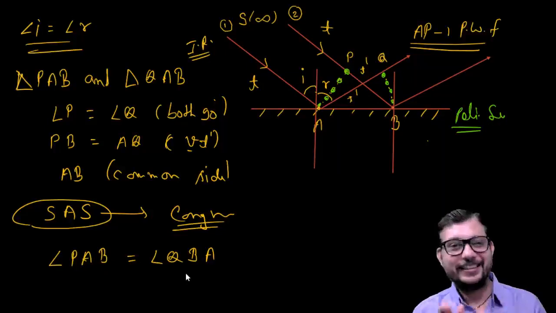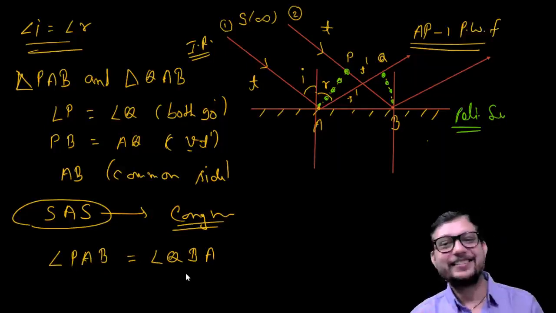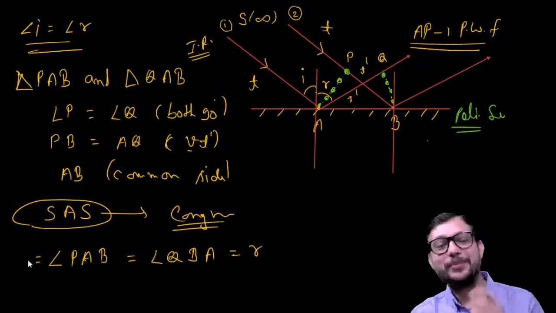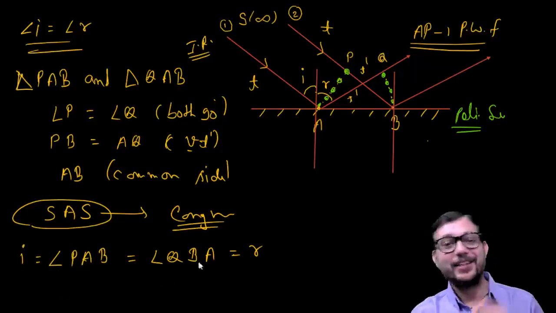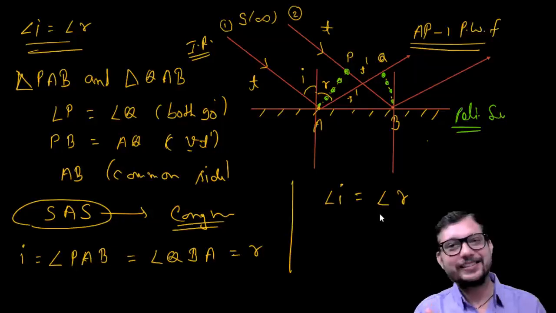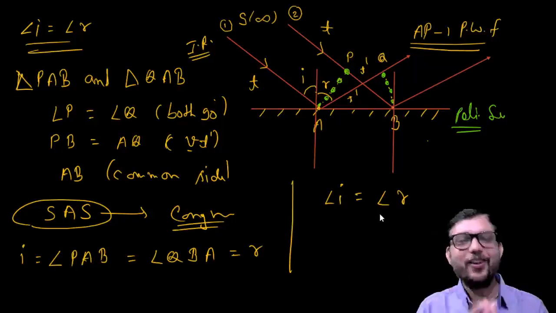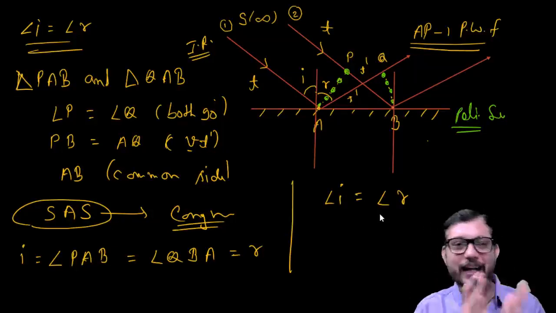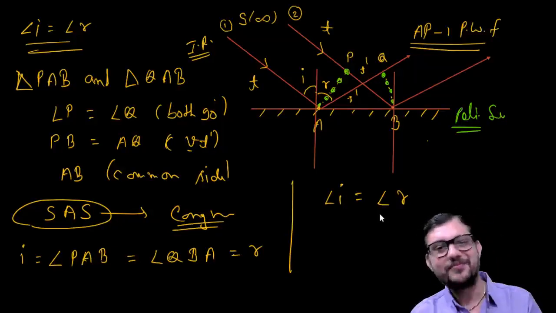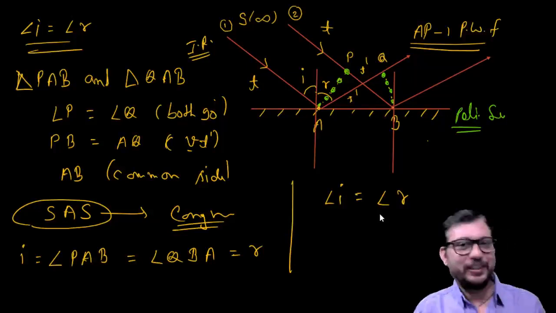Now the interesting thing is that angle QBA is equal to R, and angle PAB is equal to angle I. It means simply that angle I equals angle R. So this is the law of reflection. Angle I must be equal to angle R, and finally we have proved it.